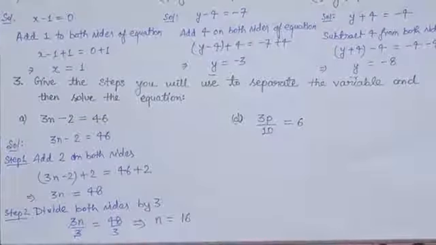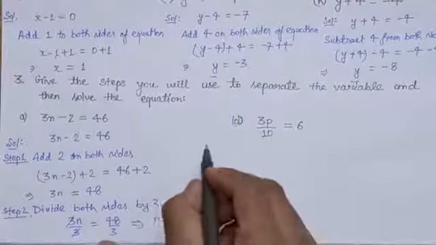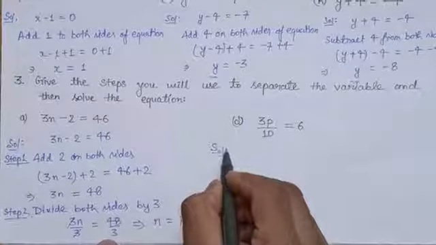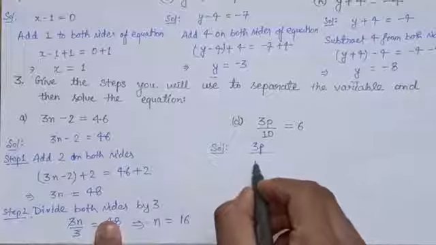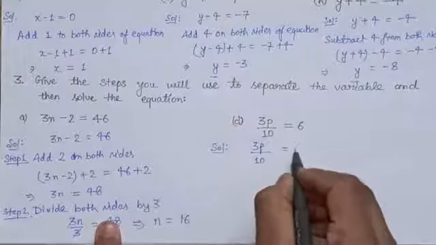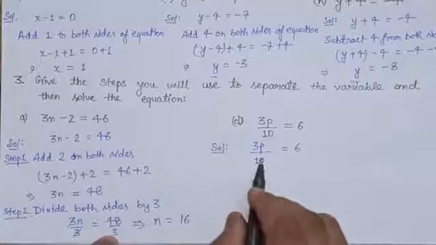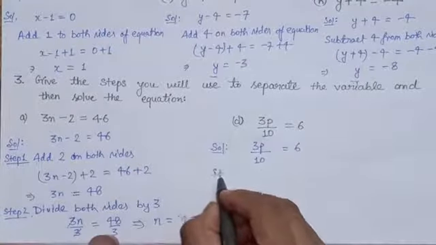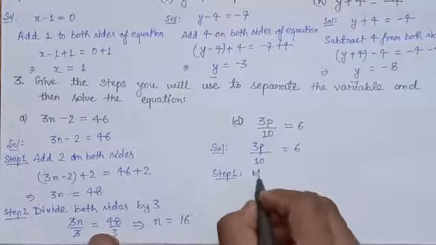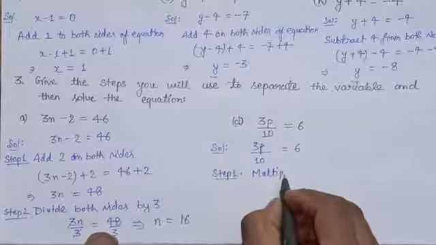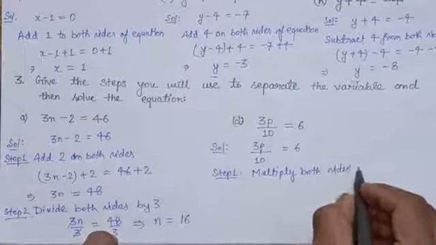Let us solve the next part in the same way. So here you can see that we have given 3p by 10 is equal to 6, and here p is the variable. So step 1 is that multiply both sides by 10.